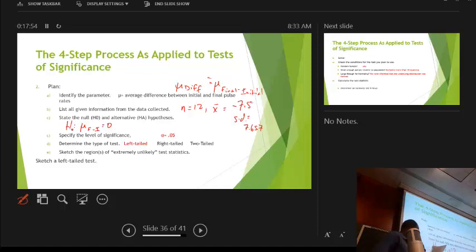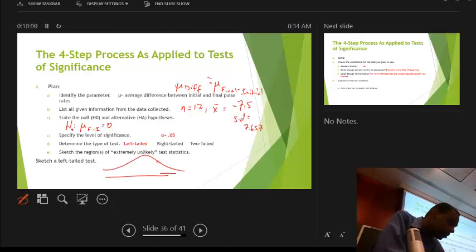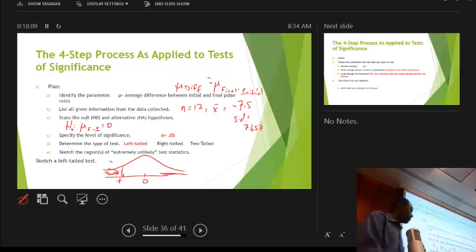The significance level is 0.05, alpha equals 0.05. We have a left tail test. And then we have some critical value t that is going to determine our rejection region. Of course, you go down to 0.05 in that case to get that value.